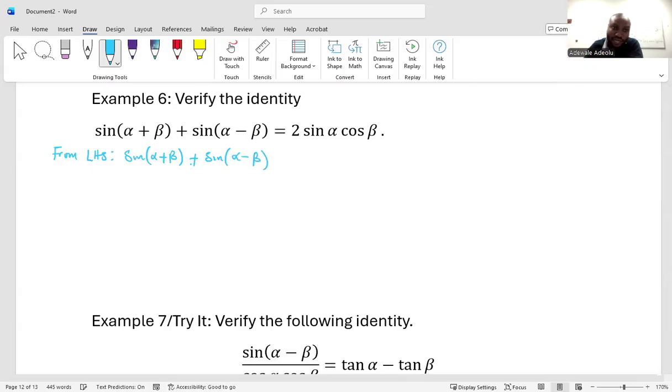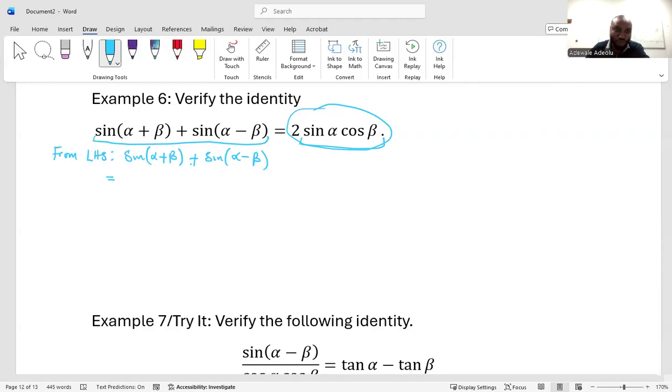I want to show that if I simplify this, I'm going to arrive at this. And if that is true, then it is an identity. I can use it anywhere in the world. Anytime I'm solving a problem, if I have all of this, I can just replace it with this. That is what identity means.